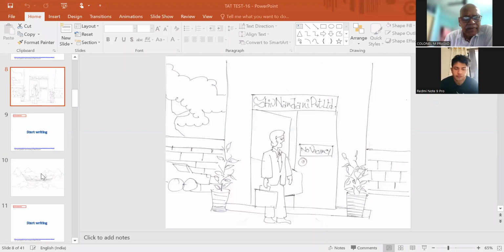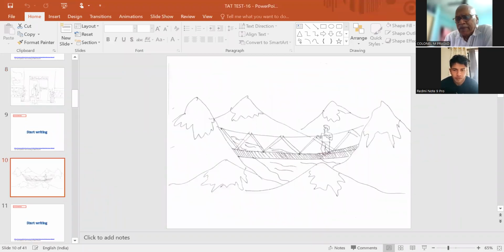Okay, let's talk about the third story. Which is the third story? This is the third one, is it? Yes, sir. Okay. Let's read out your story first. Mohit is a student of class 10 from a village in Himachal. He was a brilliant basketball player from a very young age and took his training very seriously.